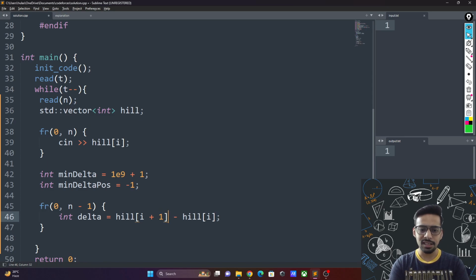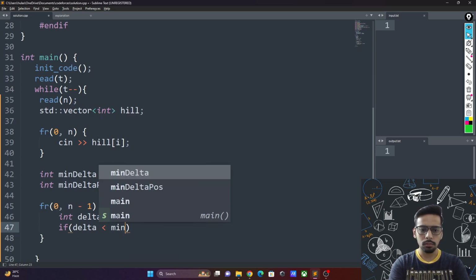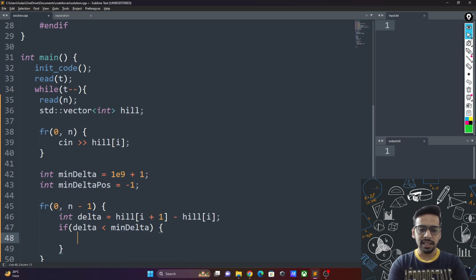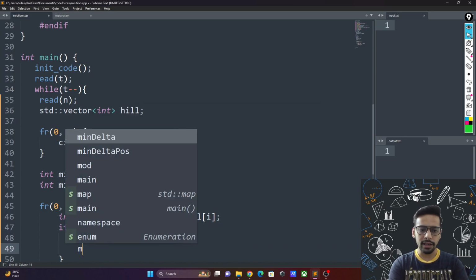If this is less than the min delta, in that case, I'll set min delta equal to delta and then min pos equal to current pos.